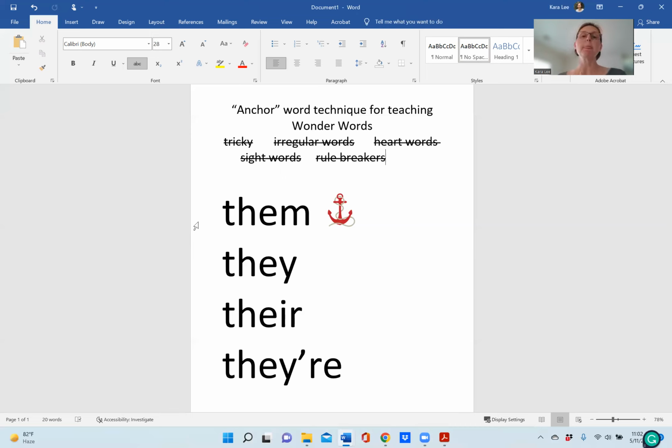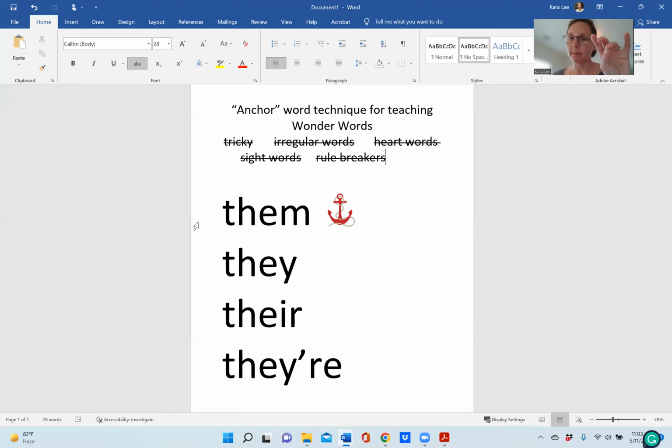Given examples maybe. Now we're going to pick one of them, in this case, T-H-E-M, that we can anchor for kids. That's the one they're going to think about first, the one they're going to bring to mind first when they think about these other words. And the reason we'll do that is because we might have taught them that them is T-H-E-M.